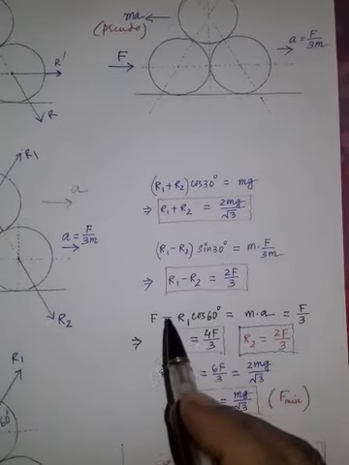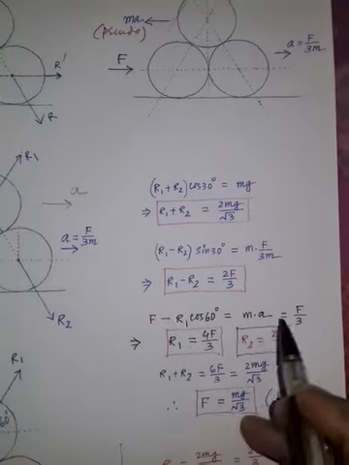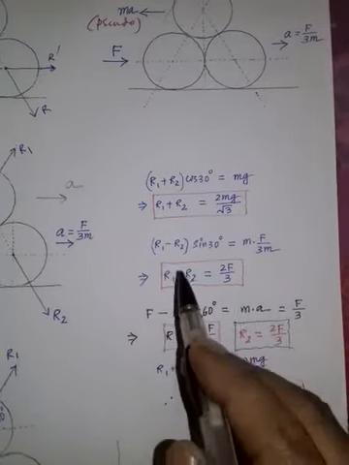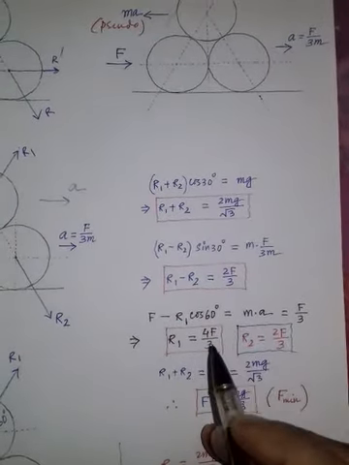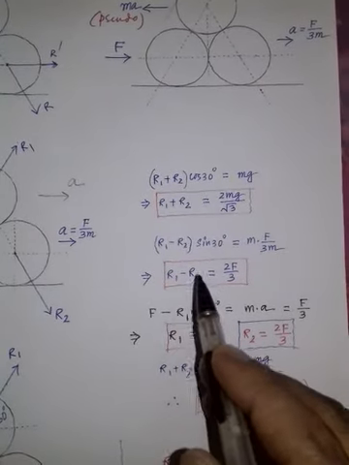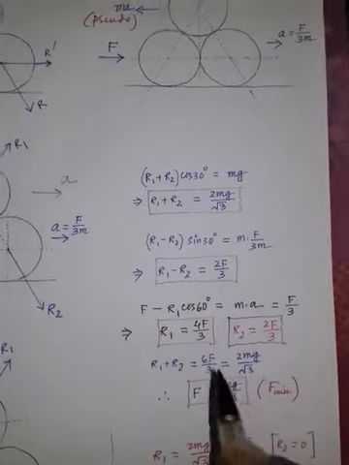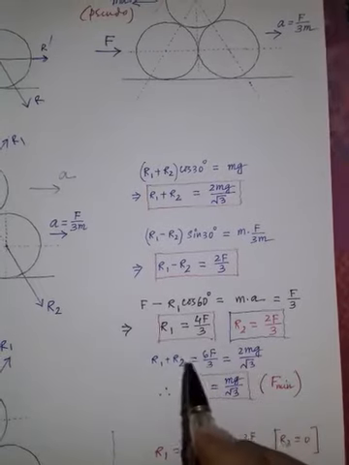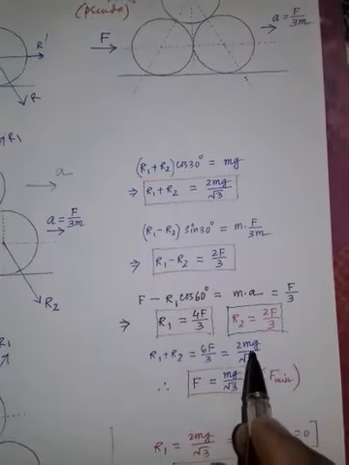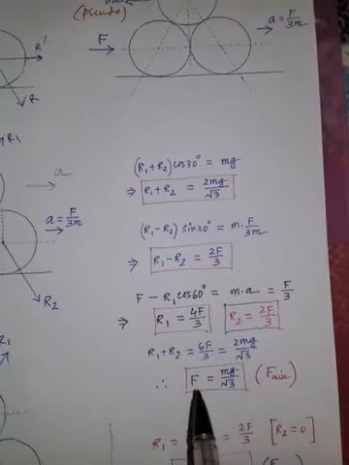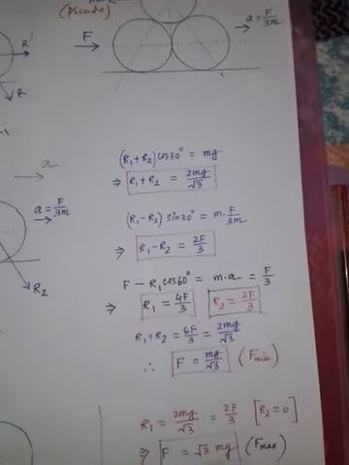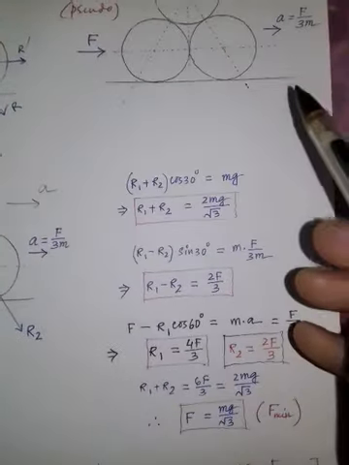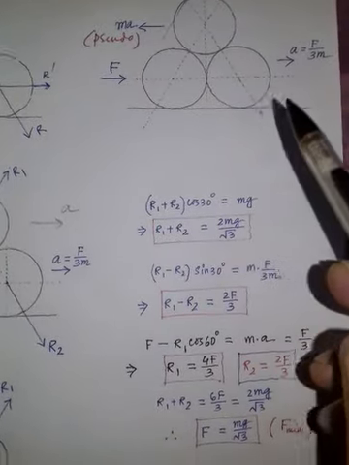So we readily get R1 is equal to 4F by 3 from this equation, and here R1 minus R2 is 2F by 3. So just put R1 here, then we get R2 is equal to 2F by 3. So R1 plus R2 would be, just adding these two terms, 6F by 3, but R1 plus R2 is 2mg by root 3. So we get F is equal to mg by root 3. This is the minimum force for which this system remains in contact.